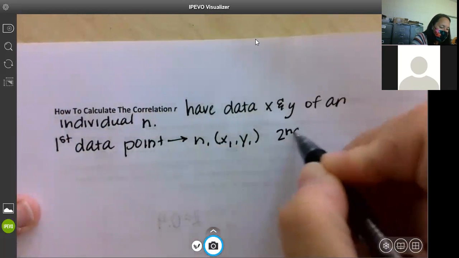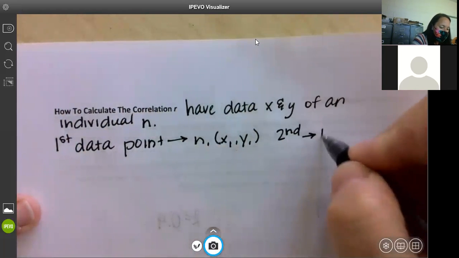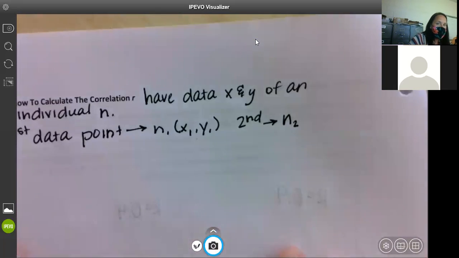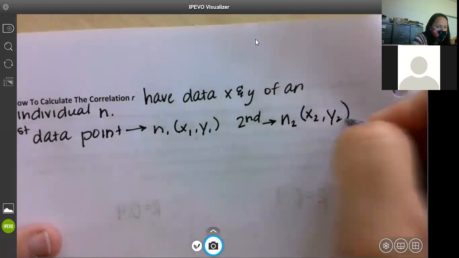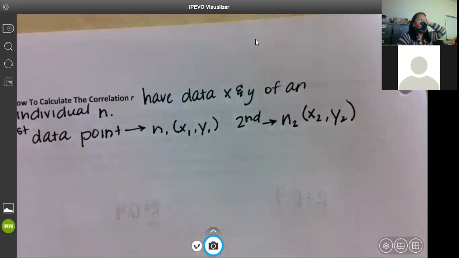Your second one, we would label observation 2 to be X2, Y2. So your third one would be X3, Y3. Your fourth one would be X4, Y4, whatever.